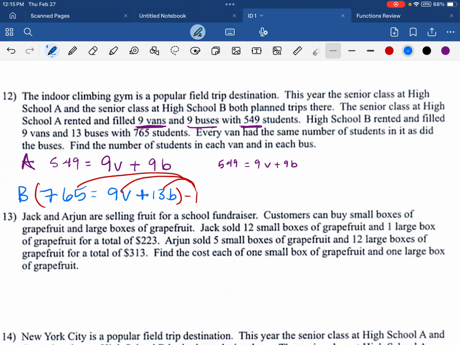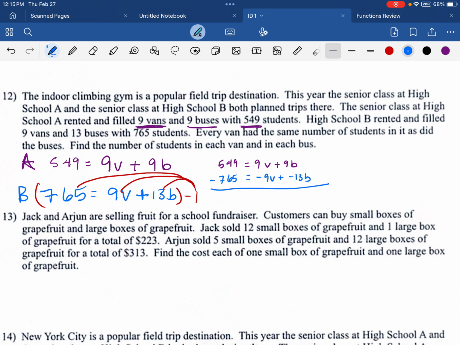And then after my distribution, this is going to be negative 765 equals negative 9V plus negative 13B. And I didn't need to write that plus sign there. I did just for fun. Alrighty, let me pull out my calculator here and do some mathing.